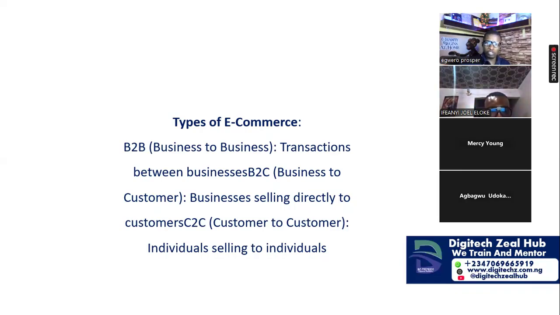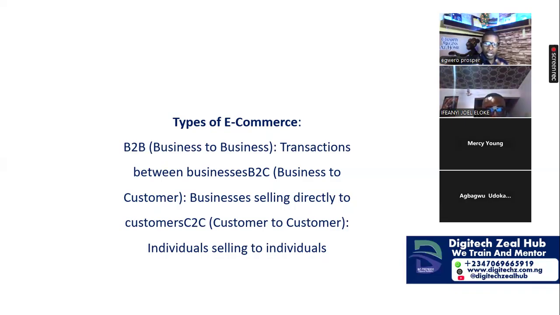So we have some special notation which we normally use to denote different types of e-commerce. So we have B2B, which means business to business, transaction between business to business. We have B2C, business to customer, business selling directly to customer. We have C2C, which means customer to customer, which means individual selling to individual.